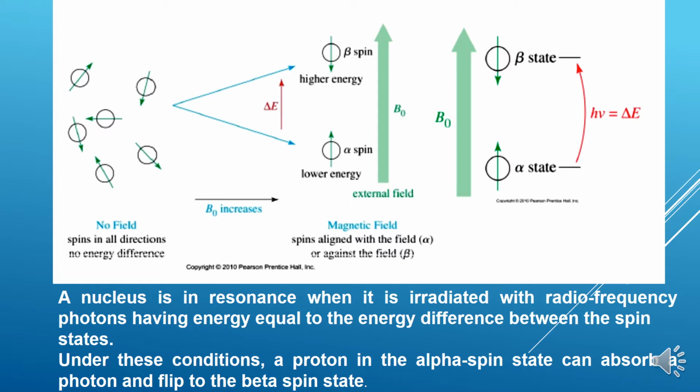Remember, that means the alpha spins flip to the beta state. The nucleus requires a certain energy for this.